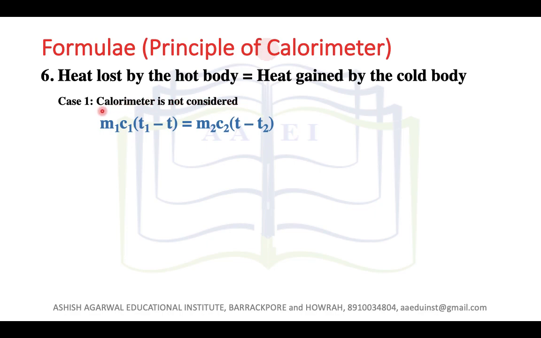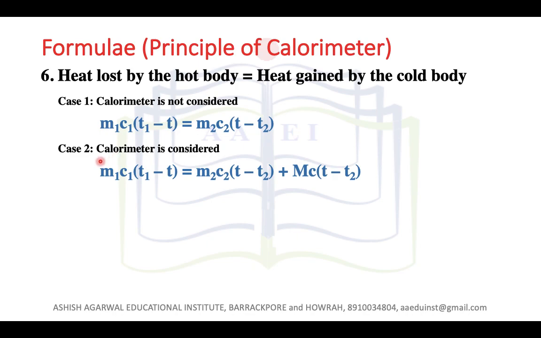So in case 1, calorimeter is not used. Then this is the equation: M1C1 (T1 minus T) is equal to M2C2 (T minus T2). On the left hand side, the parameters are only for the hot body. On the right hand side, the parameters are for the cold body. So it implies M1C1.